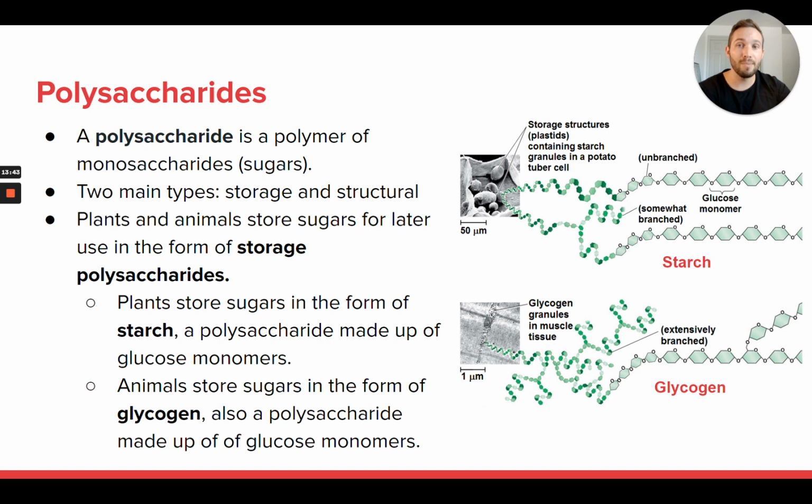Some of these polysaccharides have an energy storage function, and their purpose in cells and in living things is to be a source of energy that can be used. And then there are some polysaccharides that have a structural function, and their purpose is not to be used for energy, but they actually build different important components of a living organism.